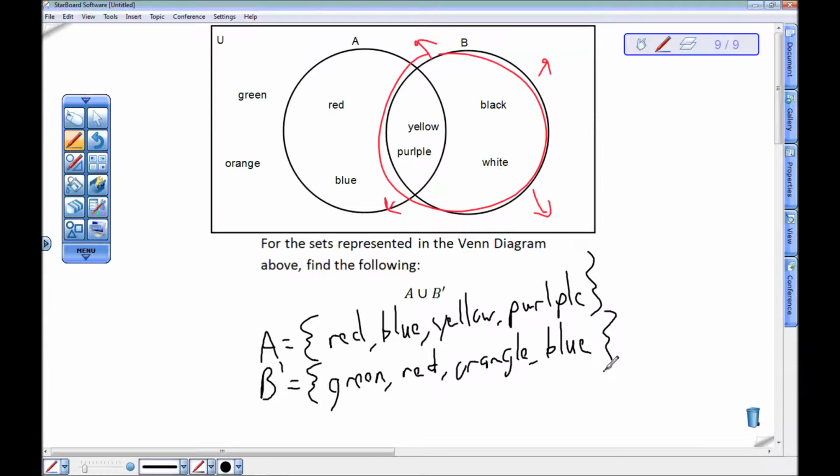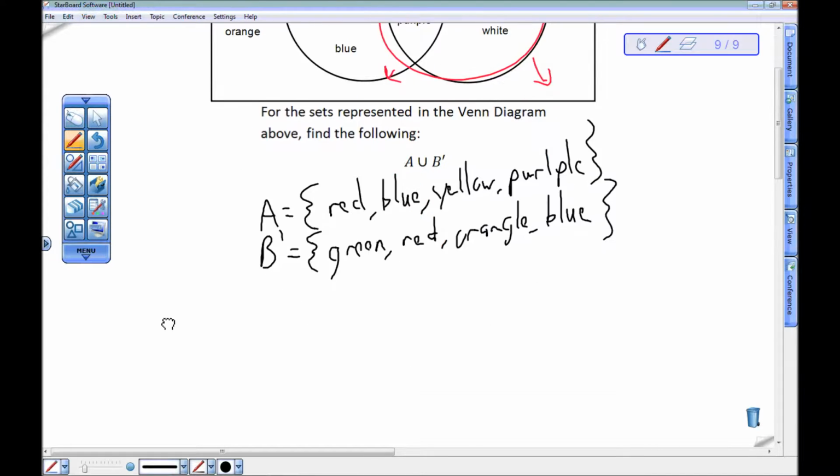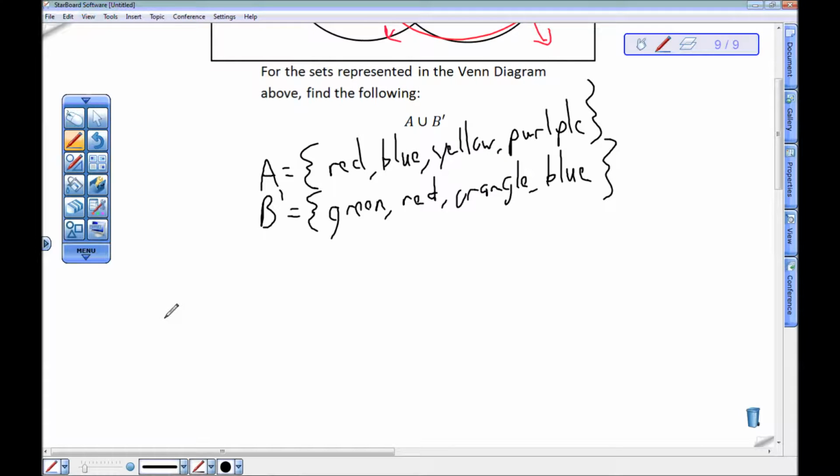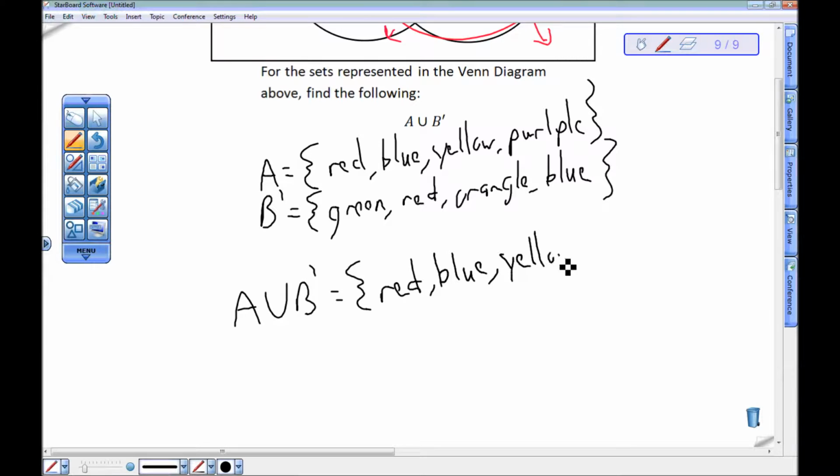Now I want the union of these two sets. I want anything that's in one or the other or both. So A union B complement is red, because it's in A. Blue has to be in there because it's in A. Yellow has to be in there because it's in A. Purple has to be in there because it's in A. I don't have green yet, so green has to be in there because it's in B complement. Red, I already have.